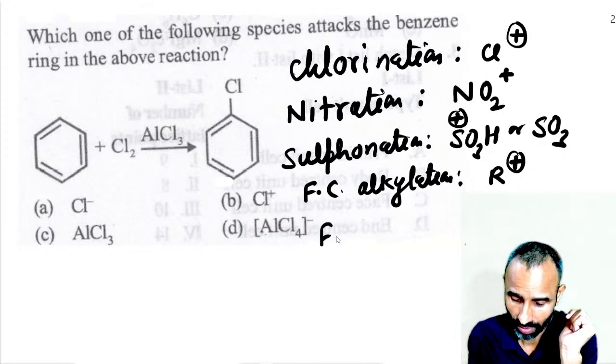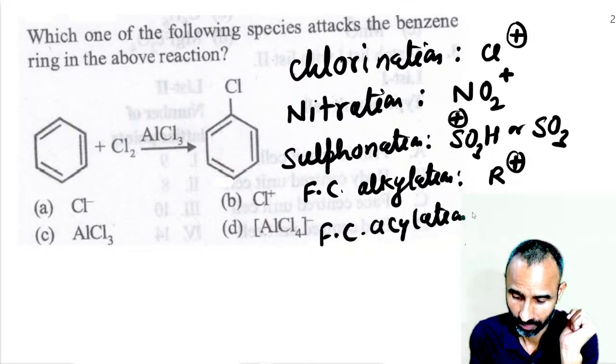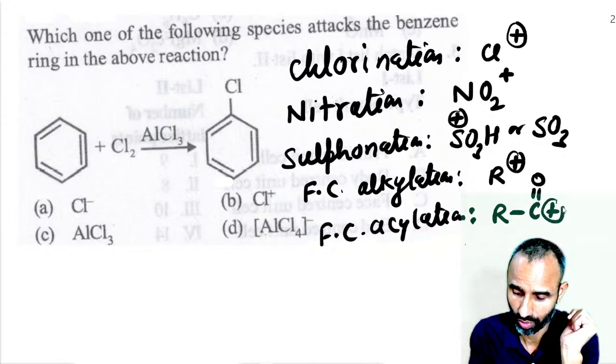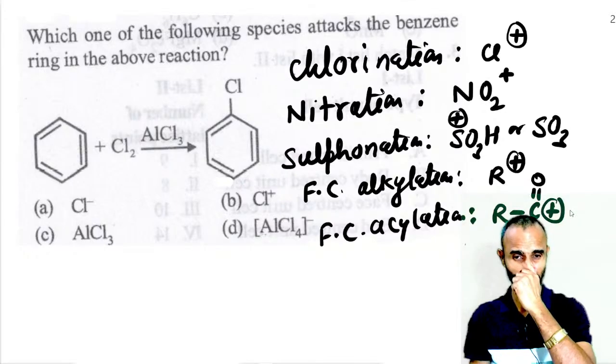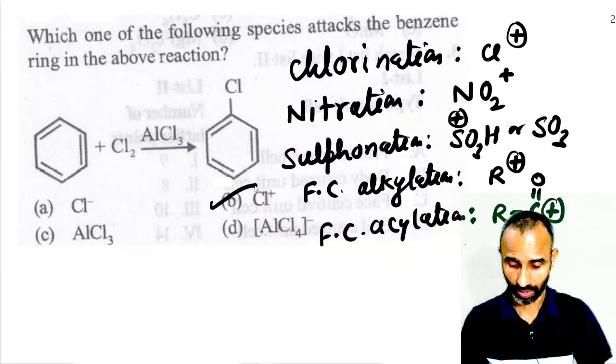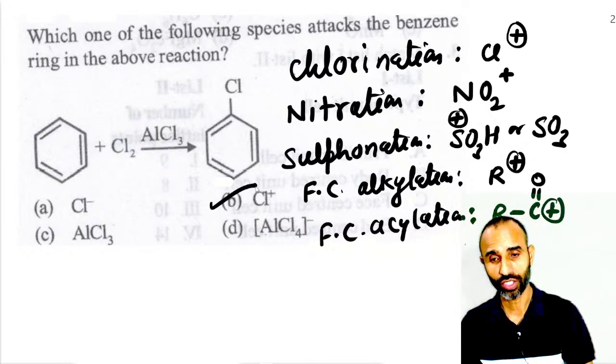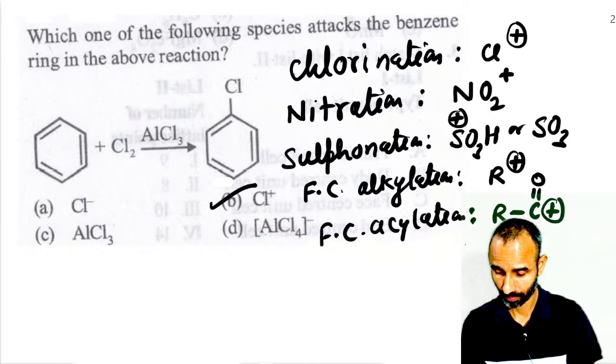And in Friedel-Crafts acylation, it is RCO positive. Okay, so that's why here B is the right option. Understood.